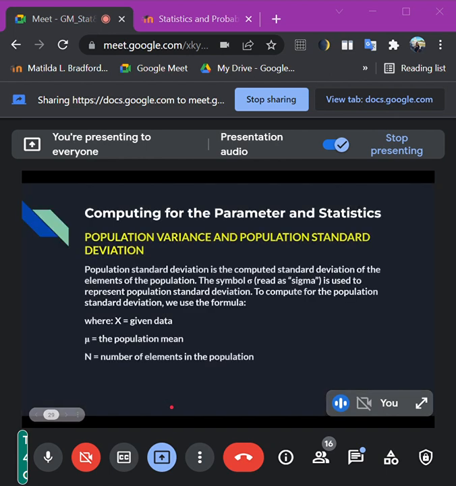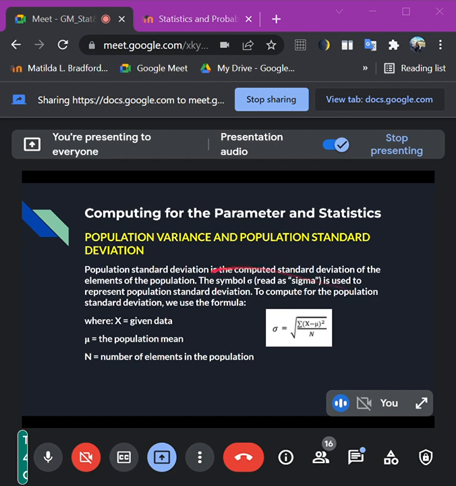So we're going to the next one, which is standard deviation. Standard deviation is computed from the elements of the population, and we're going to use the sigma only. Okay, sigma.